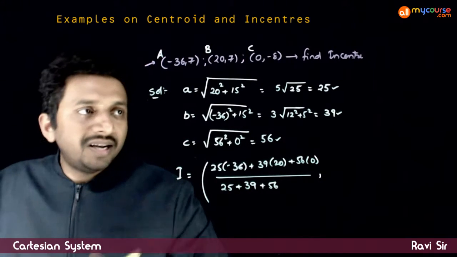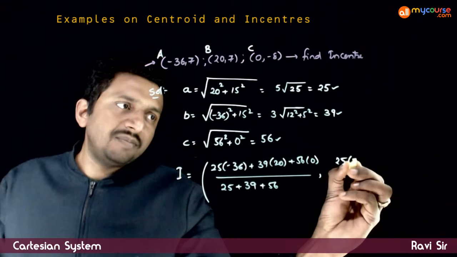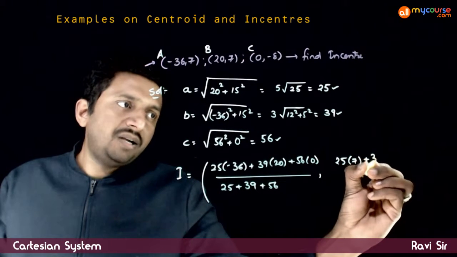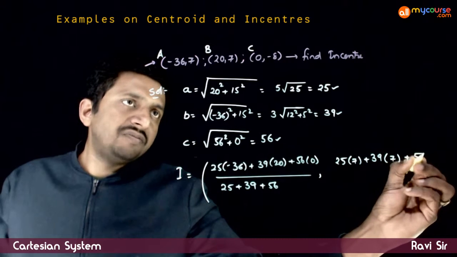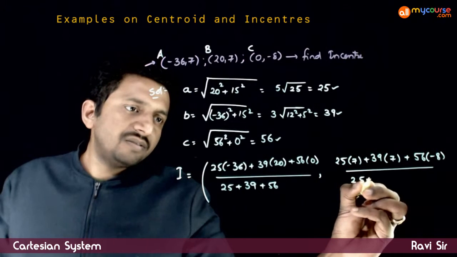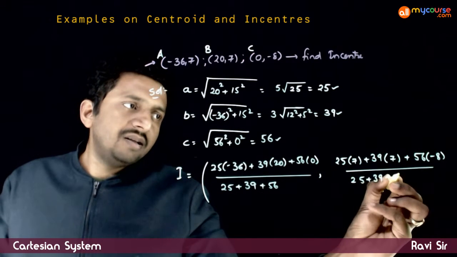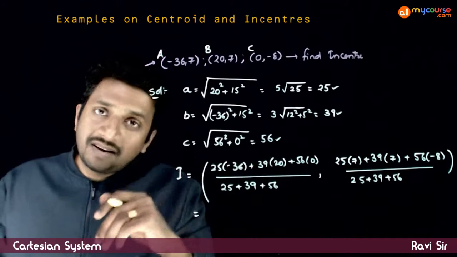And what is the y coordinate? Again a y1, 25 times 7, plus b y2, 39 times 7 again, plus 56 times minus 8, divided by 25 plus 39 plus 56. So you can try to calculate these values.